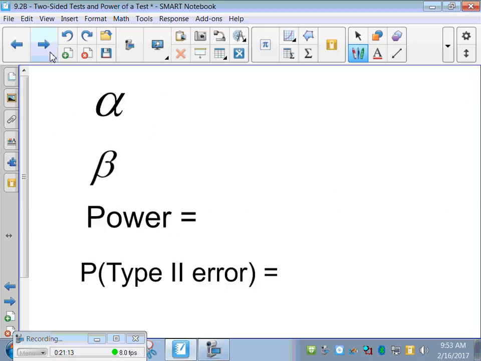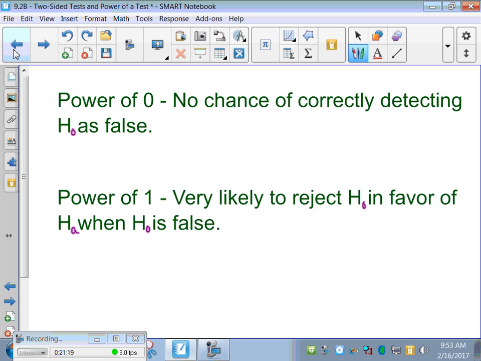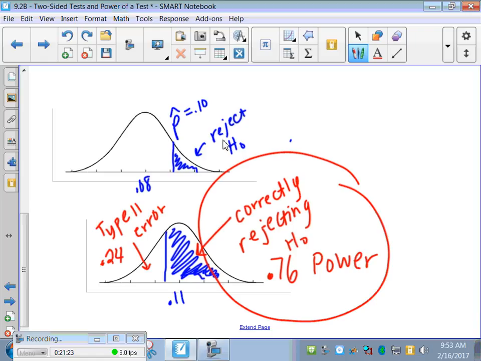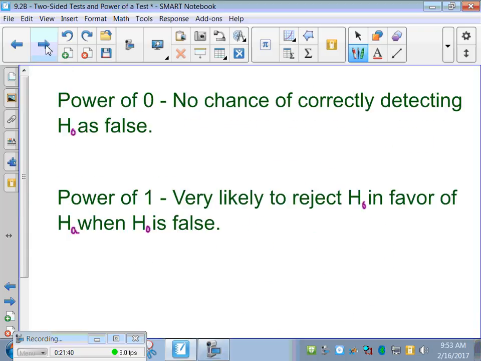So we've got some symbols for you that you want to make sure you label. So alpha is our significance level, right? Well, if you look back at the picture that I drew, this right here is actually our significance level, right? This is like a 5% significance. That's where we're going to reject the null. And so alpha is actually the probability of making a type 1 error.